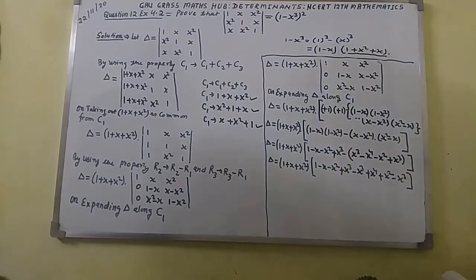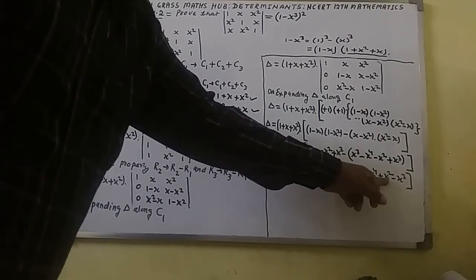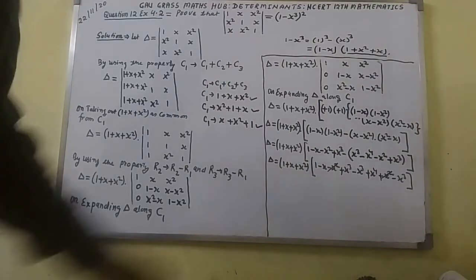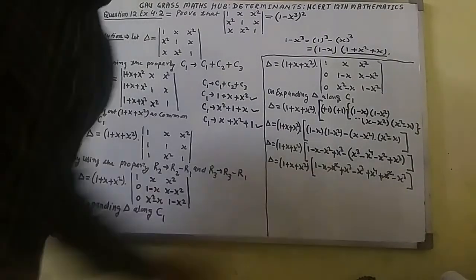Now here you can see minus x square plus x square. This will be cancelled out. Here you can see plus x cube minus x cube. This will be cancelled out.